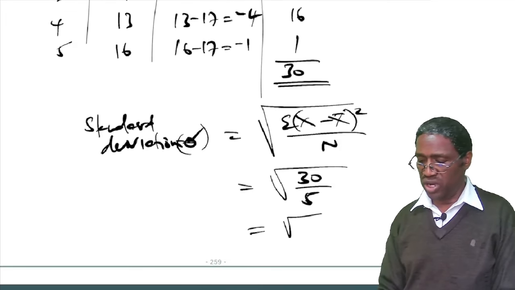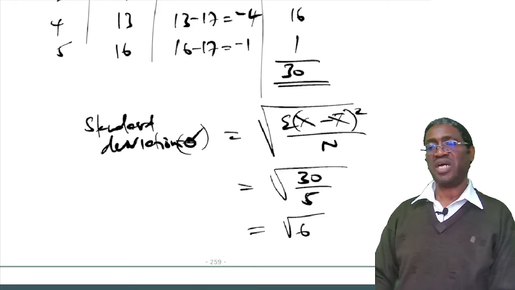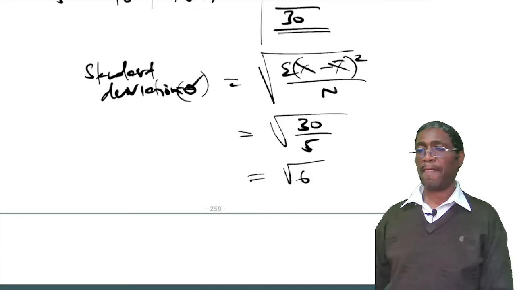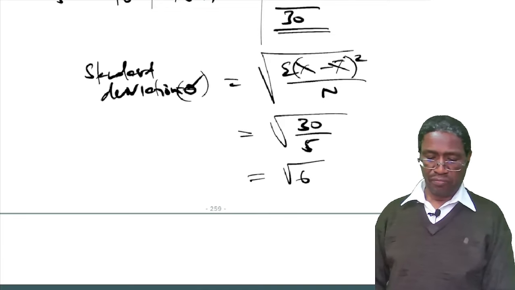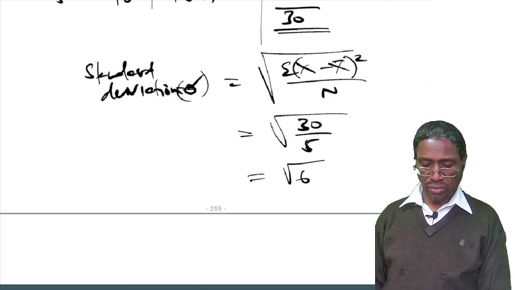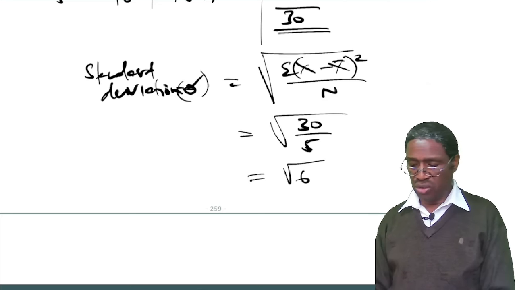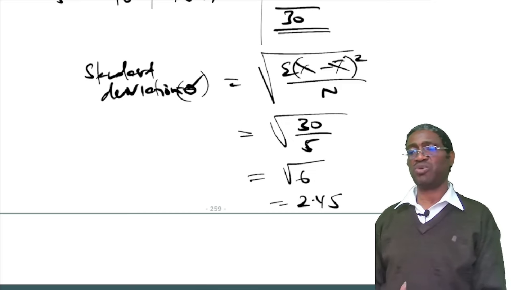This is the same as the square root of 6, since 30 divided by 5 is 6. What is the square root of 6? That's about 2.45 to 2 decimal places.